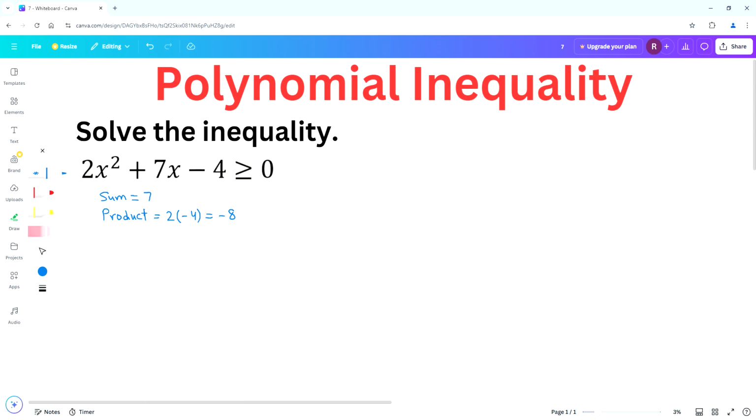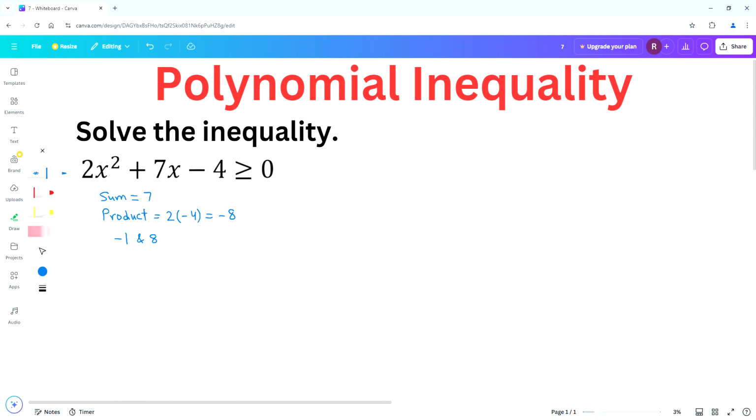In order to find the numbers, we should focus on the product number. We should think of two numbers that multiply to -8. The first pair that comes to my mind is -1 and 8. -1 plus 8 is equal to +7. That means the numbers we are looking for are -1 and 8.